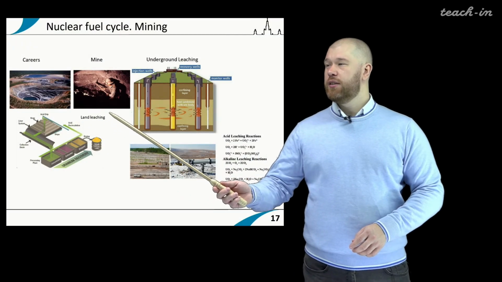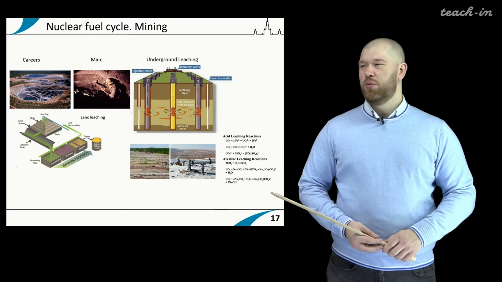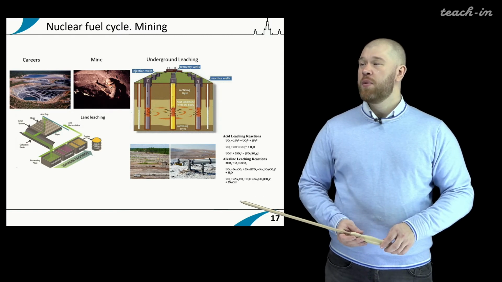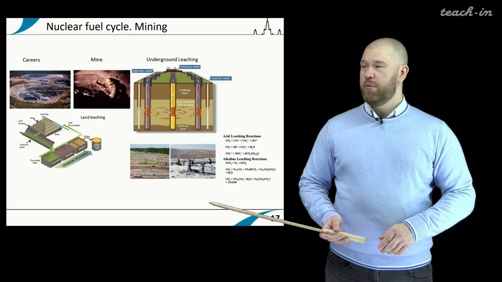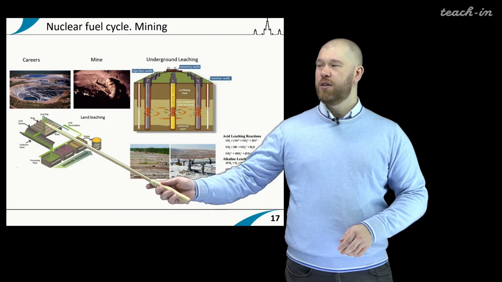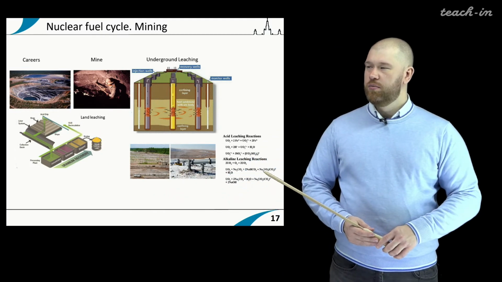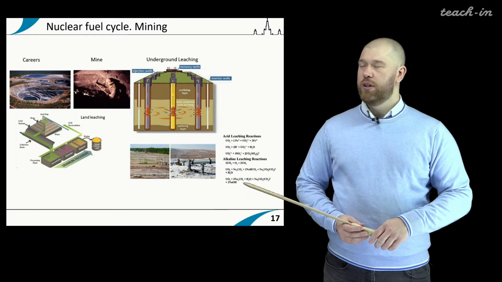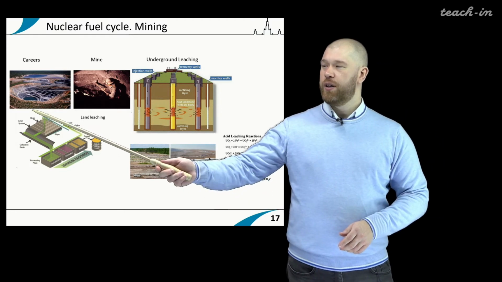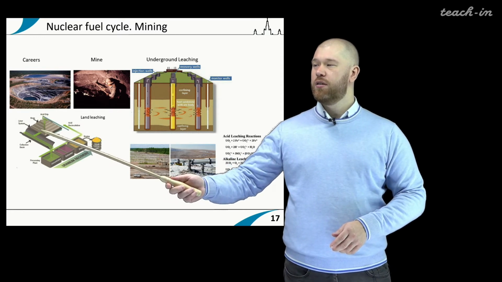Careers and mines are the traditional ways to mine the ores. What is happening next? All these ores are located like pyramids, and they are treated with the sulfuric acid, also from the head, from the top of this pyramid.